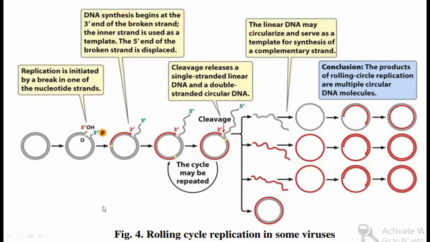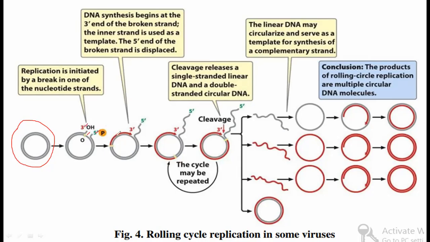See, this is your double-stranded DNA. What happens here? A cut is made on one of the two strands. See, there are two strands of the double strand. On the above strand, the cut is made, and it exposes your 3' end and 5' end.